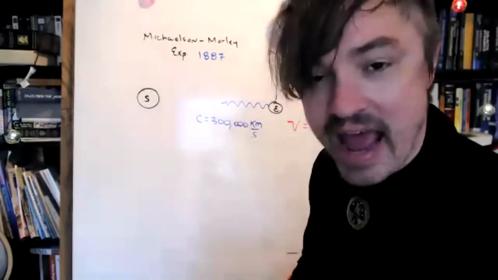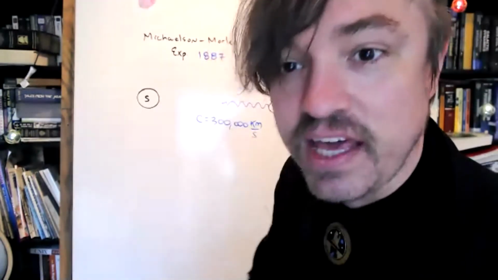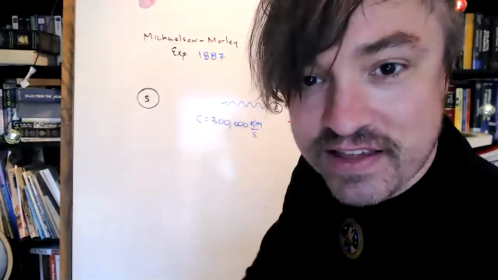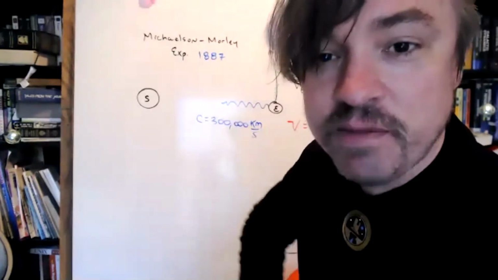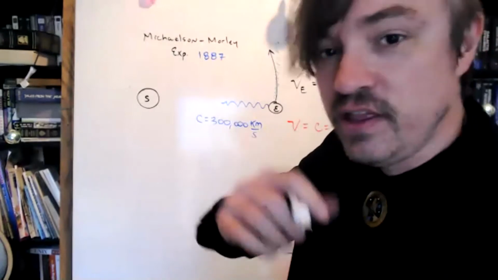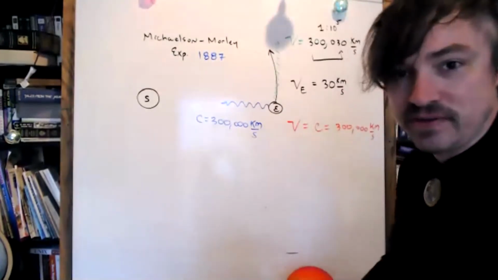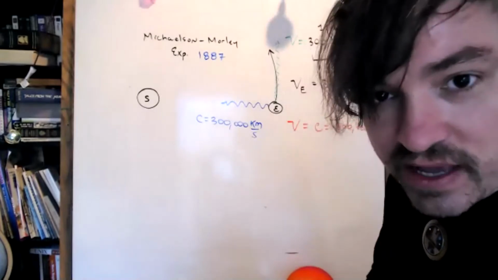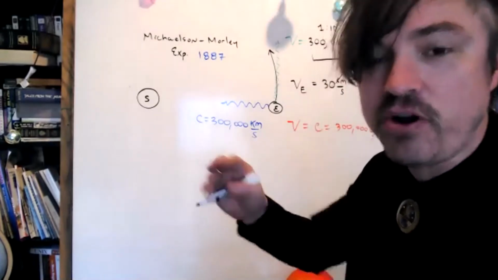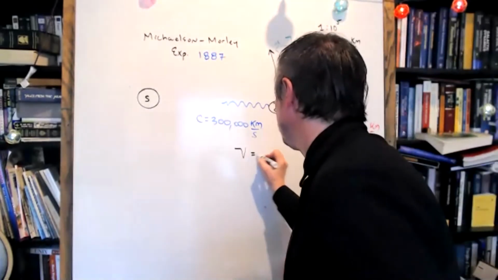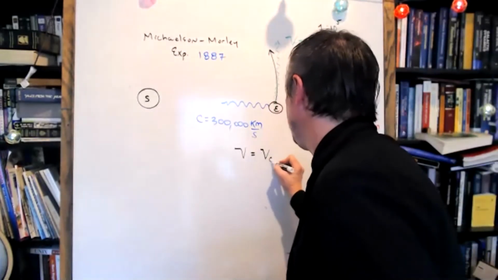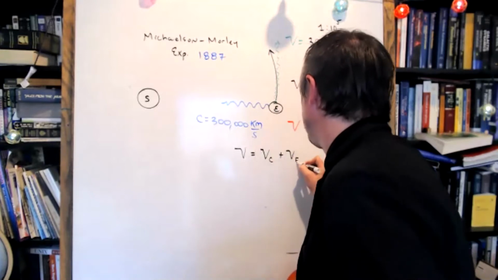It's basically what happened is they broke the Galilean transformation of velocities, which was supposed to be common sense. It was supposed to be the velocity of light was supposed to be the velocity of the laser plus the velocity of Earth.